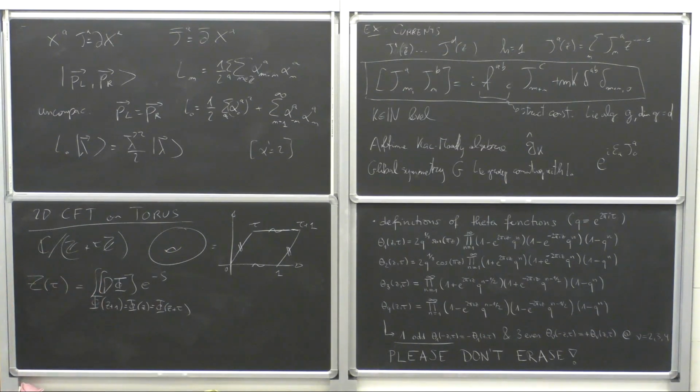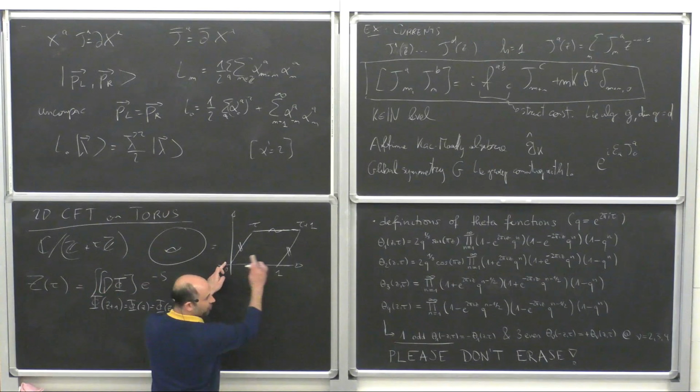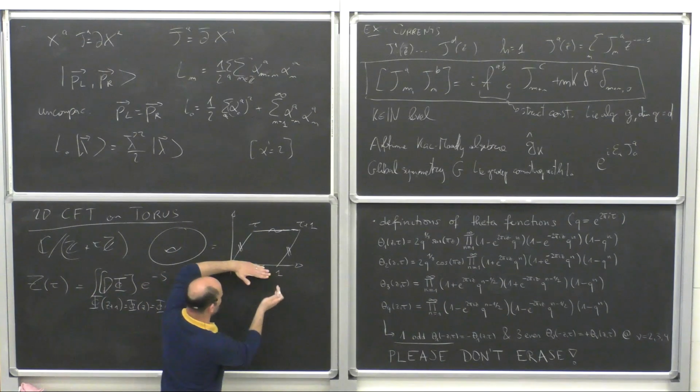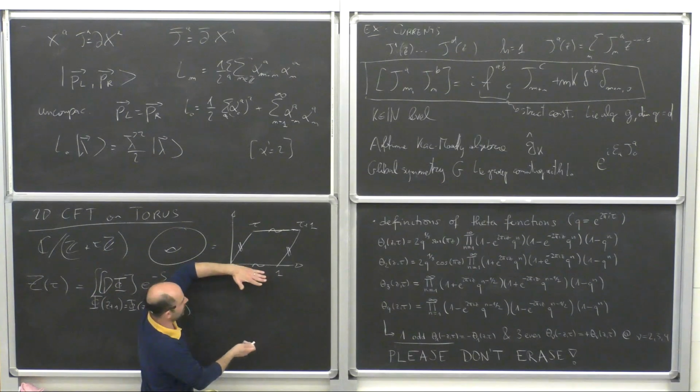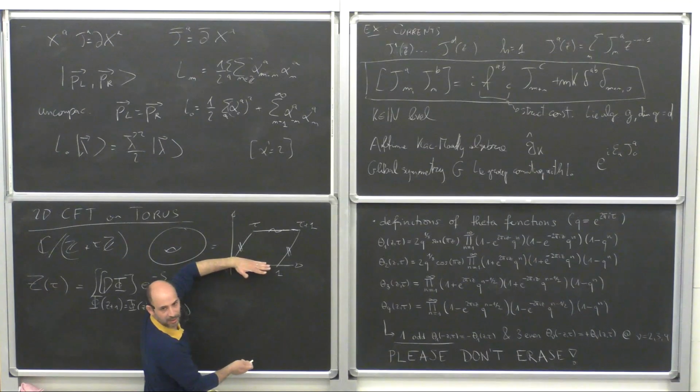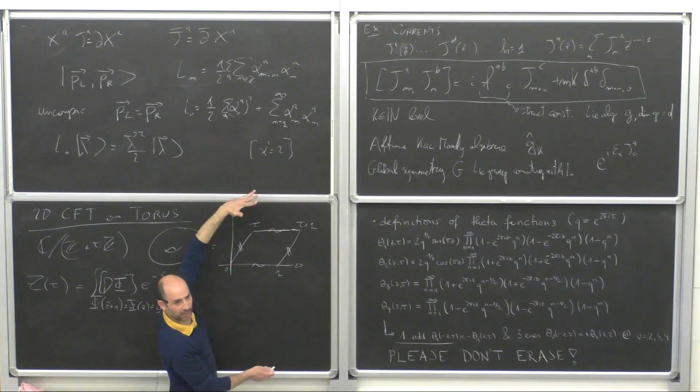But what is more interesting is the operatorial description of this. From the operatorial point of view, you can think of this direction as your space direction and this as your Euclidean time direction. So here you have a circle. You start from some state at this Euclidean time, and then you evolve in Euclidean time.